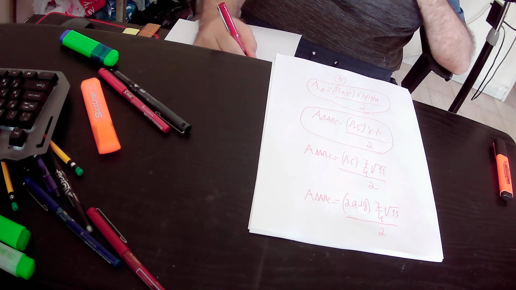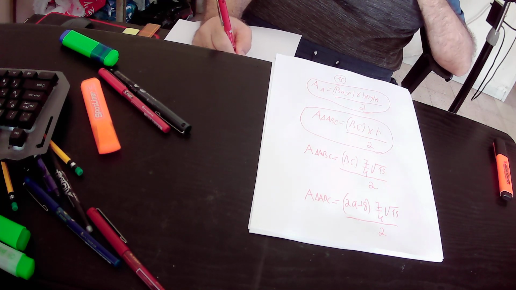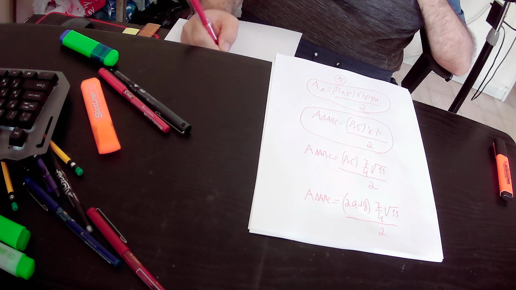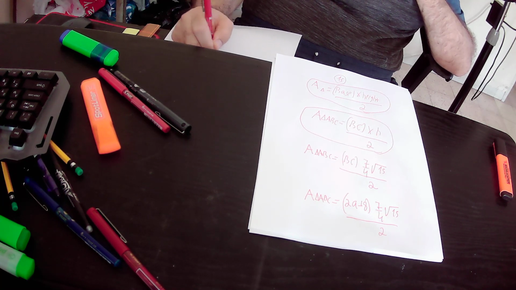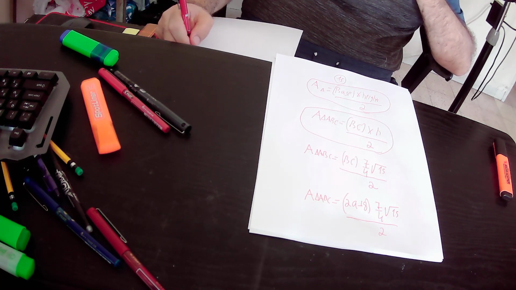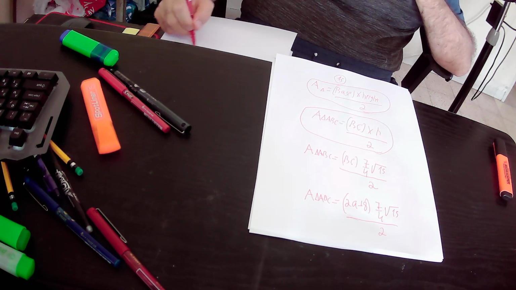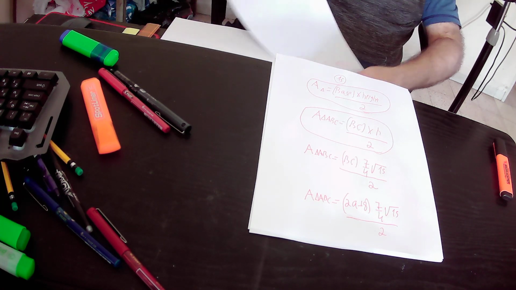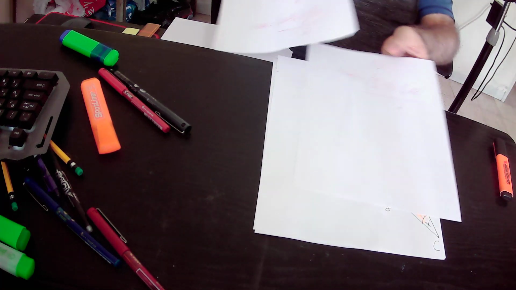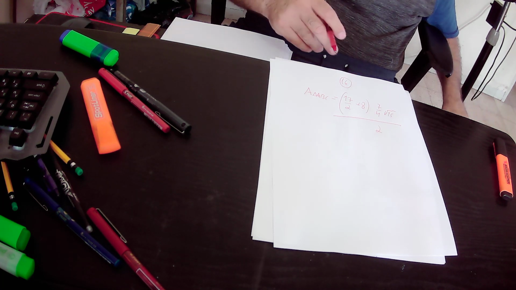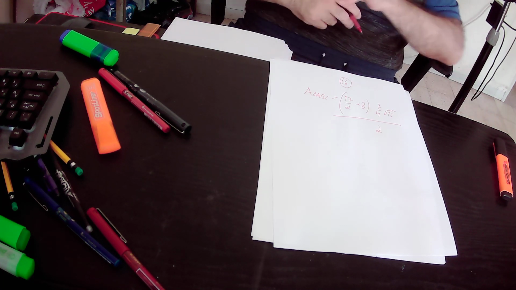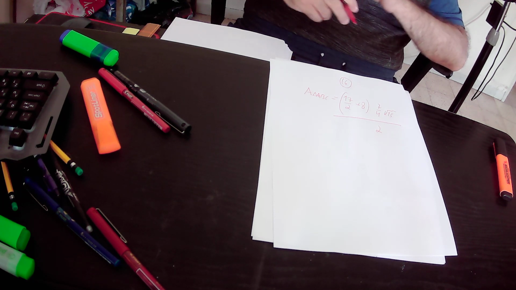So we'll get that the area of triangle ABC will be equal to 17 over 2 plus 8 times 7 over 4 times root 15 over 2. So in total, the area of triangle ABC equals 17 over 2 plus 8 times 7 over 4 times root 15 over 2.